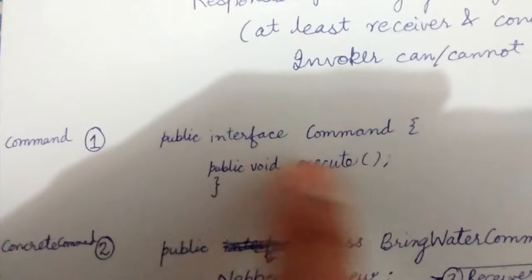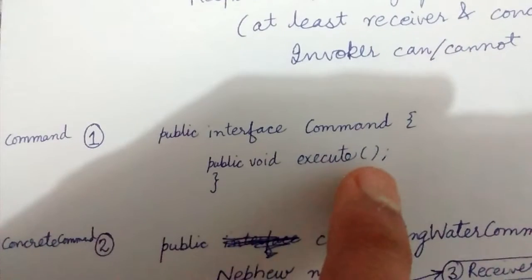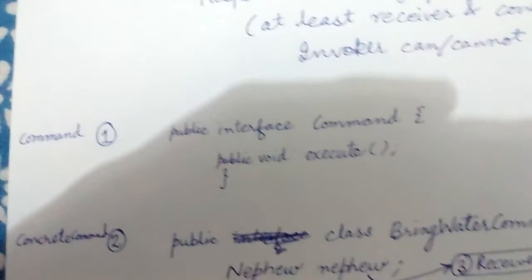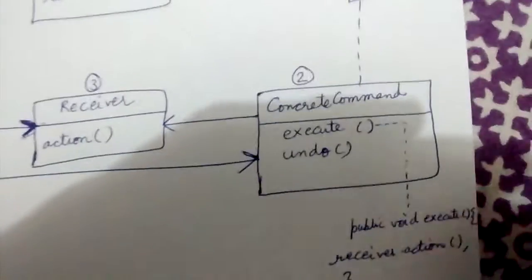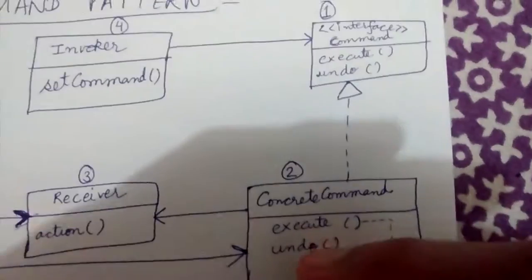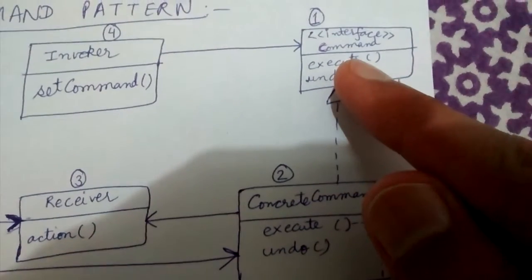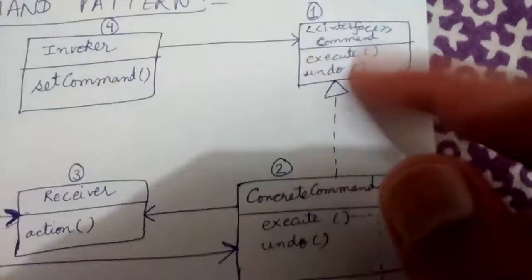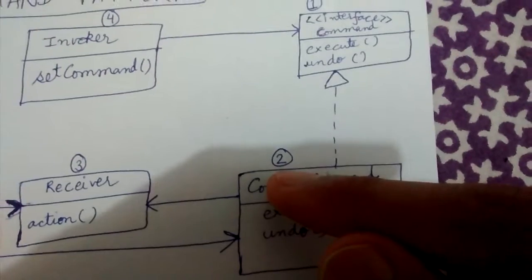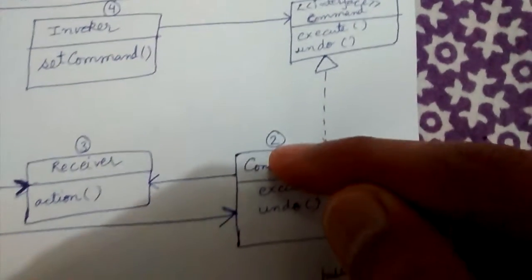So it is just a declaration of this method. That's all. Now we have some concrete commands which are implementations of this interface. So this is the second module which we consider.